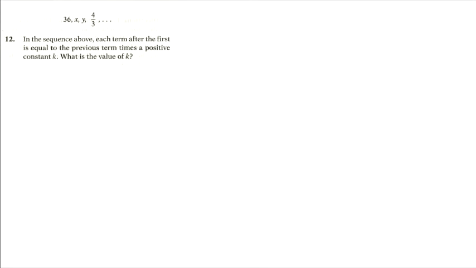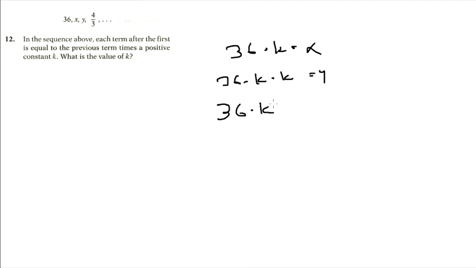In the sequence above, each term after the first is equal to the previous term times a positive constant. So 36 times k is x. 36 times k again equals y. 36 times k cubed equals 4/3.